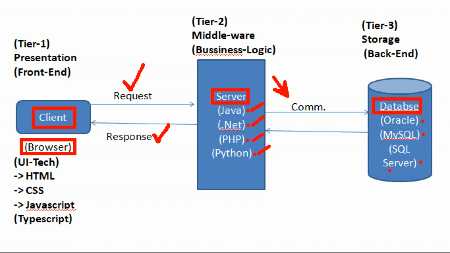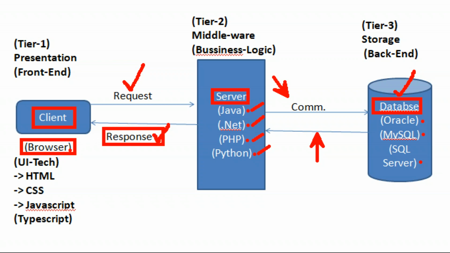And the dynamic information, data which changes with respect to time, location, and user, is available in the database. So from the database, it is sent back to the server, and from the server, that data is sent as a response back to the client.